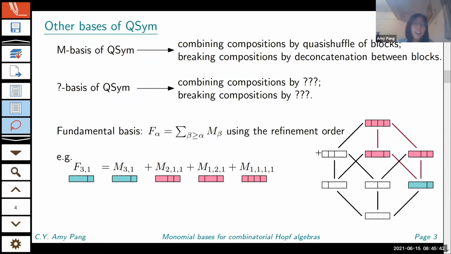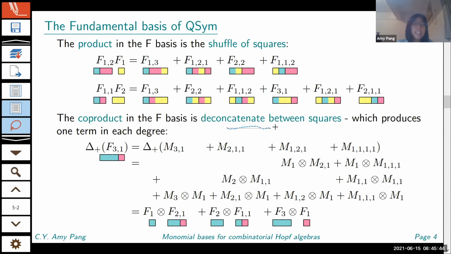But this is not true when you allow deconcatenation in the middle of blocks, because if I told you that this is the output, you can't tell in the input whether there used to be a division between these 2 parts or not. So that's why this is not saying anything to do with unique factorization.